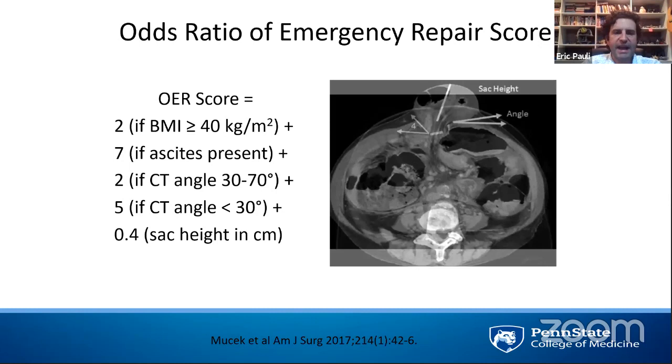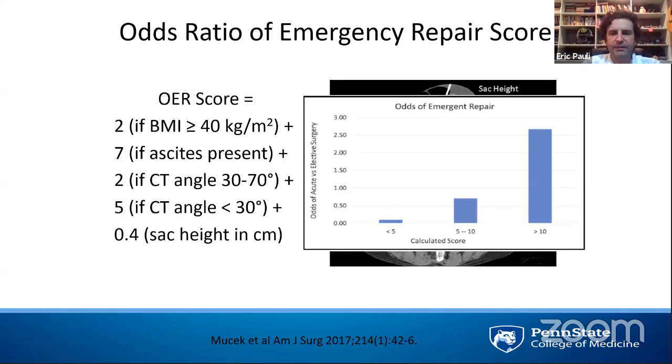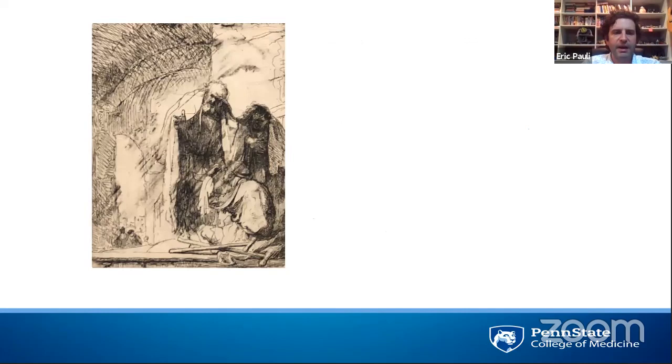They also measure the sac height, from where the fascia should be. You put these things together, and it's actually predictive of the need for an emergency operation. If you have a score that's greater than 10, you have a 2.5 odds ratio of needing an emergency operation. So this can help you prioritize patients in terms of where they should be in line for their operation.